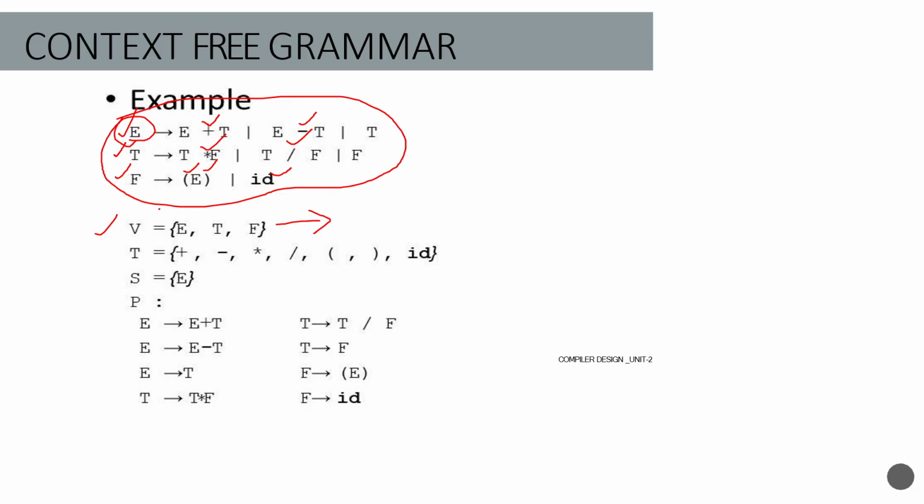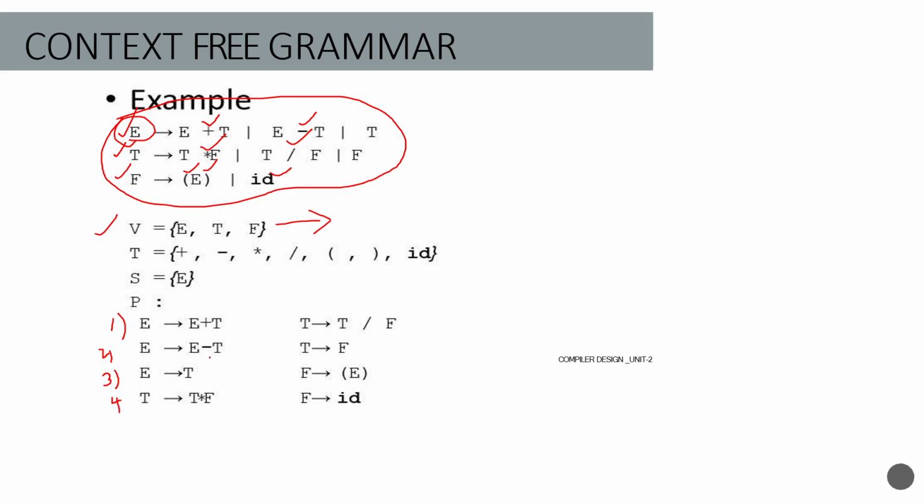And the set of productions. How many productions do we have? First one, E tends to E plus T. That is production number 1. E tends to E minus T. This is production number 2. E tends to T. This is production number 3. And T tends to T star F. That is production number 4.